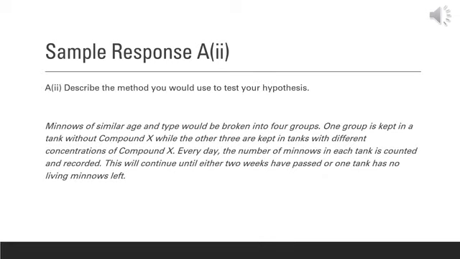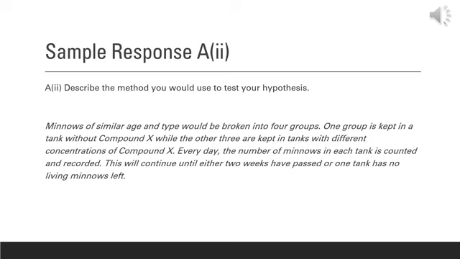Sample response A2 requires us to describe the method we would use to test our hypothesis. It's important to note that we have to think about what are we trying to find out. We're trying to find out whether or not compound X is toxic to minnows. So is it enough for us to just say we have a tank without compound X and a tank with compound X?